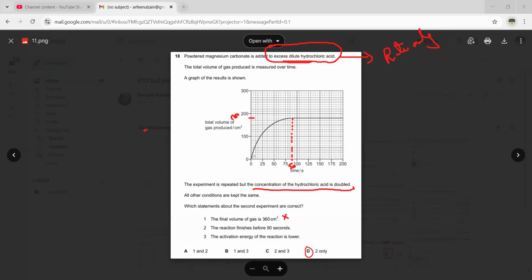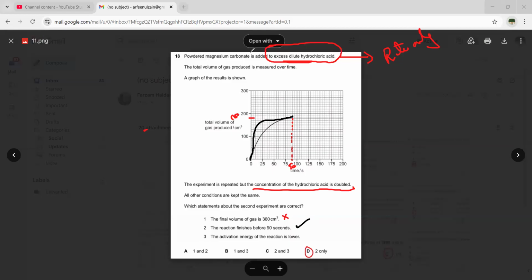If I change the excess reagent, the rate will be faster, but the final product will be the same. Even in the mock one, I gave that question, how to sketch on the graph if we change the concentration of an acid. So if you change an excess reagent, it only affects the rate, but not the final product. So the final volume of gas will remain 180. The reaction will be faster. That's right.